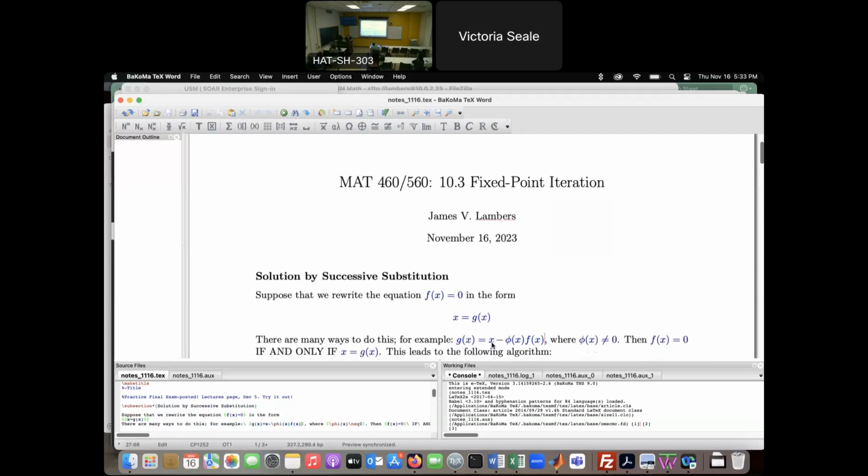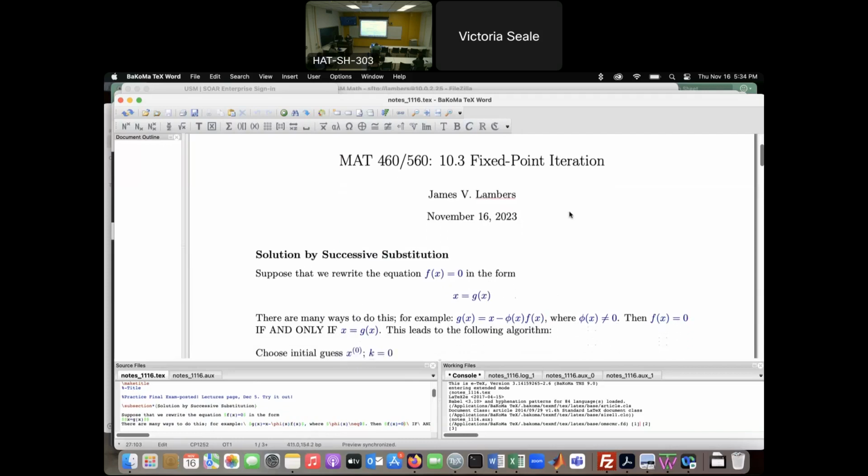G of x is x itself minus some function phi of x times f of x, a function we want to find root of. And if phi of x is non-zero, then x is equal to g of x is satisfied if and only if f of x equals 0 is satisfied. So then the two equations, f of x equals 0, x equals g of x, really are equivalent.